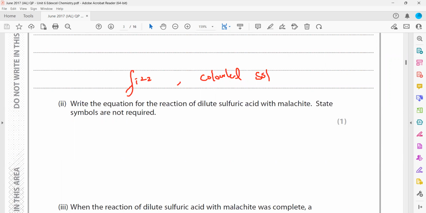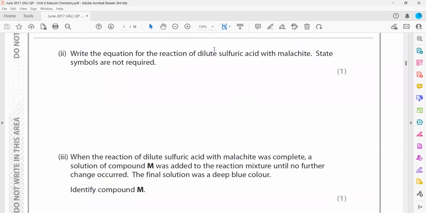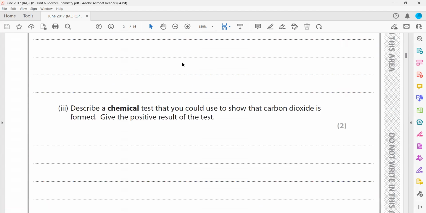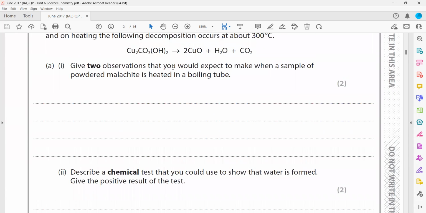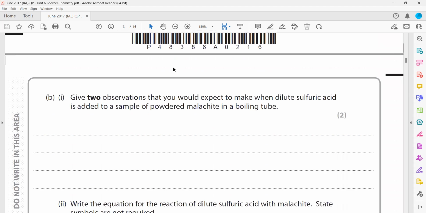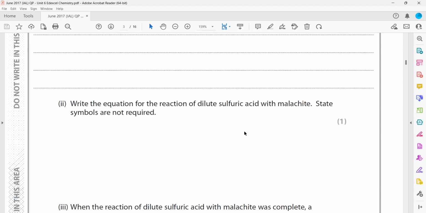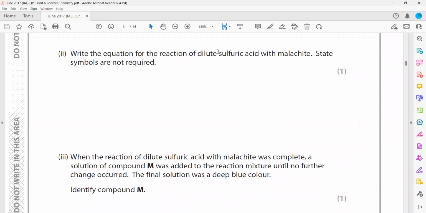Then write the equation. So malachite formula is Cu2CO3(OH)2, a mixture of copper carbonate and copper hydroxide, and we add sulfuric acid.